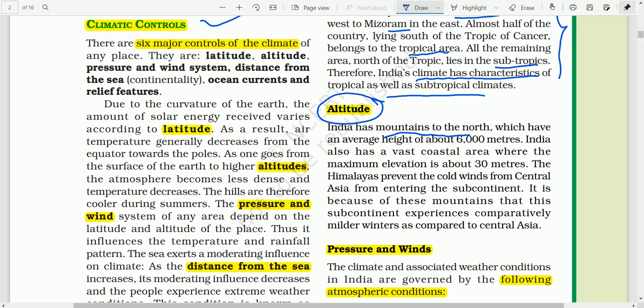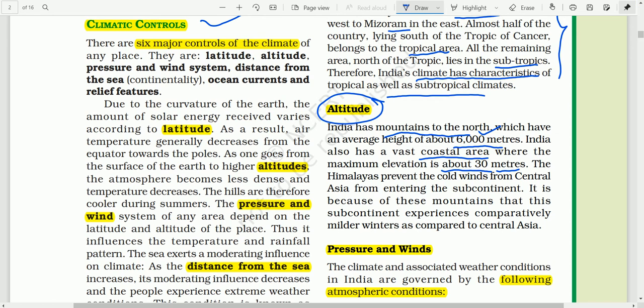The height of the Himalayan mountain is more than 6,000 meters. And India also has a vast coastal area where the maximum elevation is about 30 meters only. That means we have a great range of altitude, between 30 meters and 6,000 meters from the sea level.